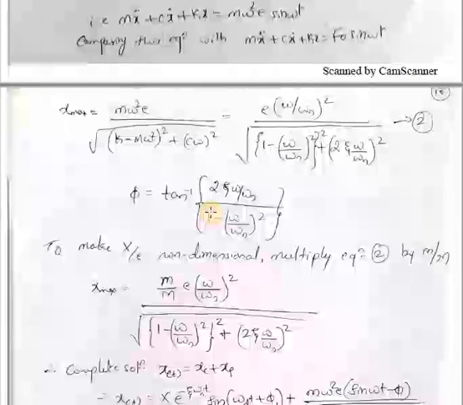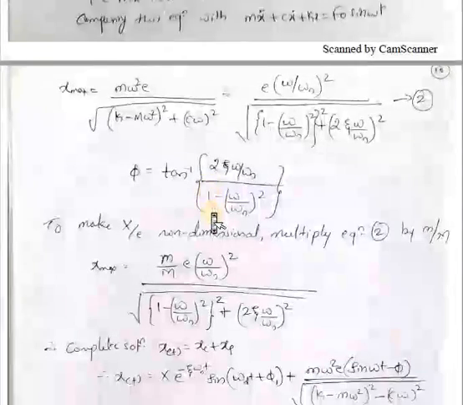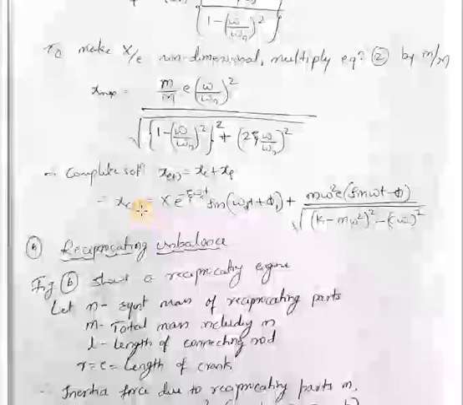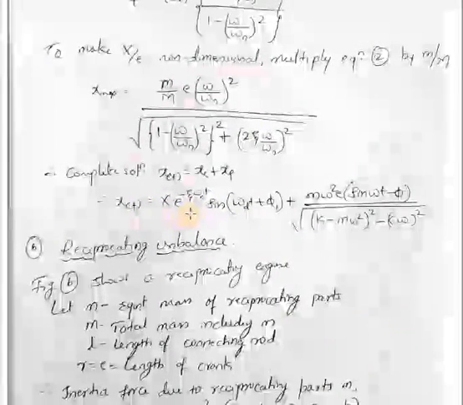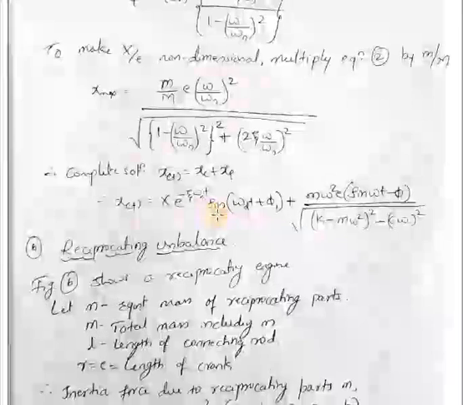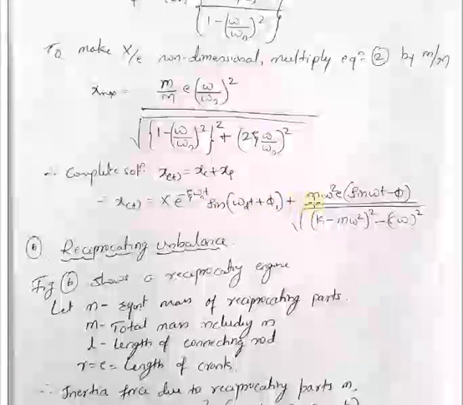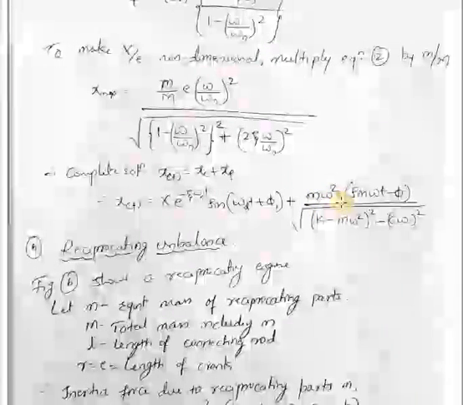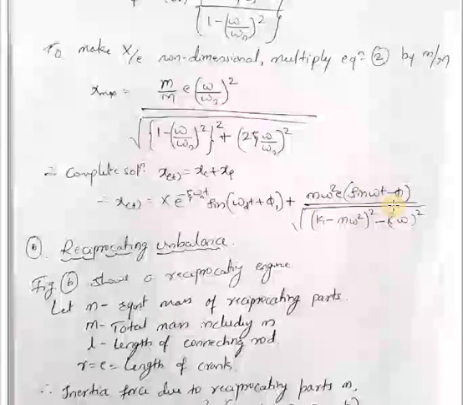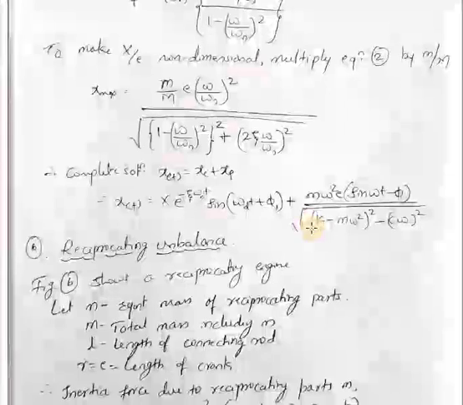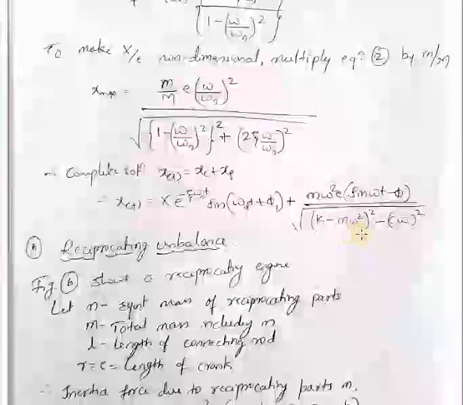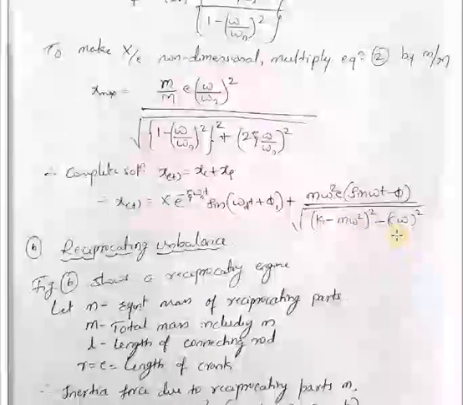The complete solution for that equation we can write as x of t equals xc plus xp. So x of t is x e raised to minus zeta omega n t sine of (omega d t plus phi 1) plus xp, which is m omega square e sine of (omega t minus phi) divided by the root of (k minus M omega square) whole square plus (c omega) square.